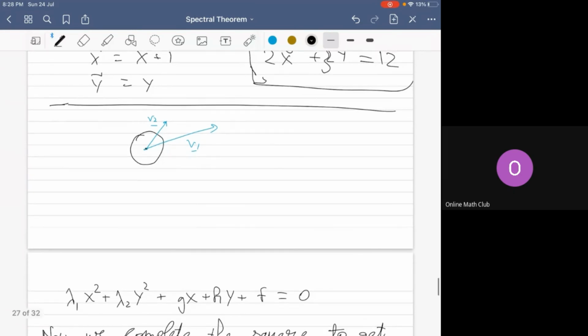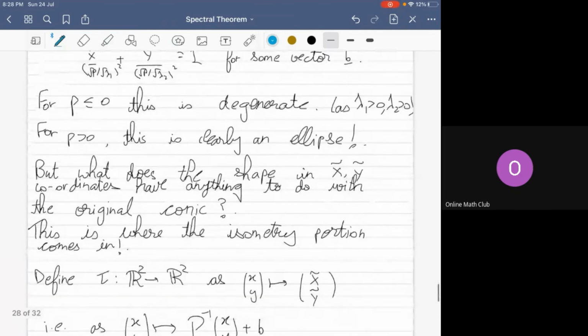But because apart from translation, the only thing we did was pick these coordinates, which are orthonormal, as in unit vectors which are perpendicular, we would get that this is indeed congruent.